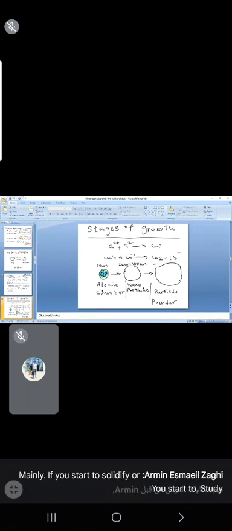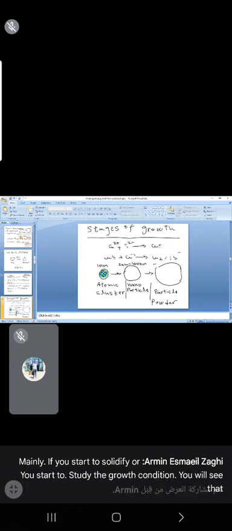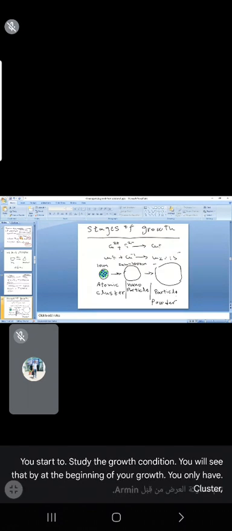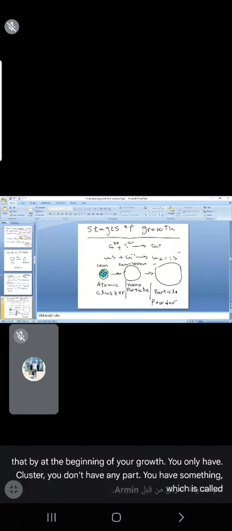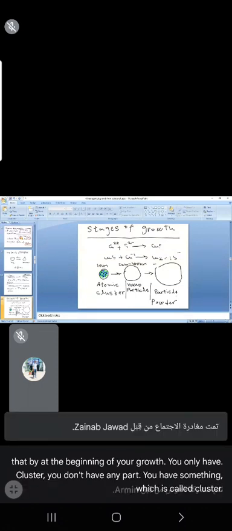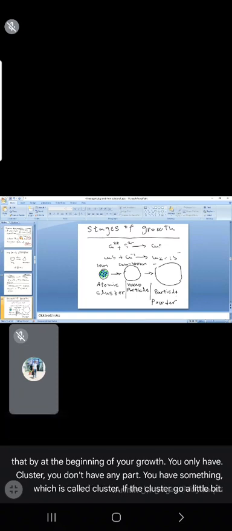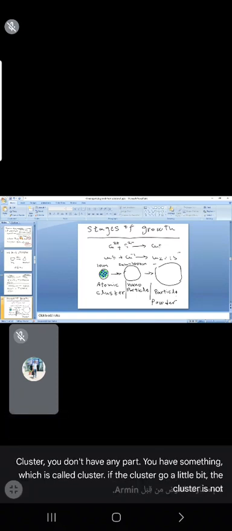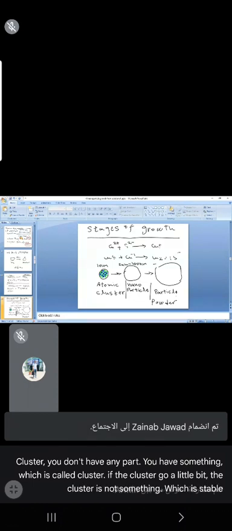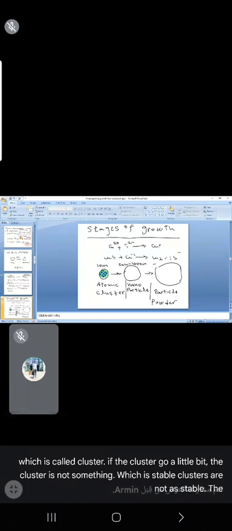if you start to solidify, or you start to study the growth condition, you will see that at the beginning of your growth, you only have clusters. You don't have any particle. You have something which is called a cluster. If the cluster goes a little bit, the cluster is not something which is stable. Clusters are not stable. The clusters are called nuclei.